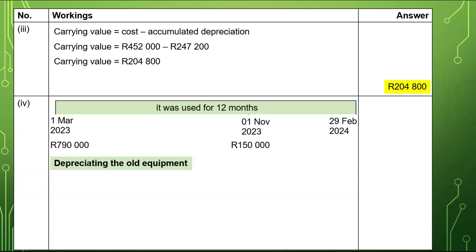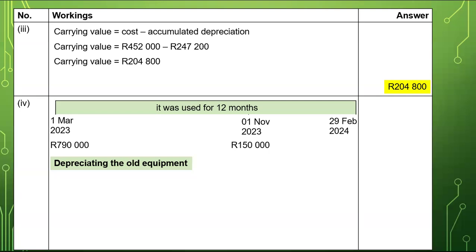Now, even though they said we depreciate equipment on cost price, most students don't calculate the carrying value of that asset at the beginning of the year. It doesn't matter what type of depreciation method you're using, you need to calculate carrying value at the beginning of the year.